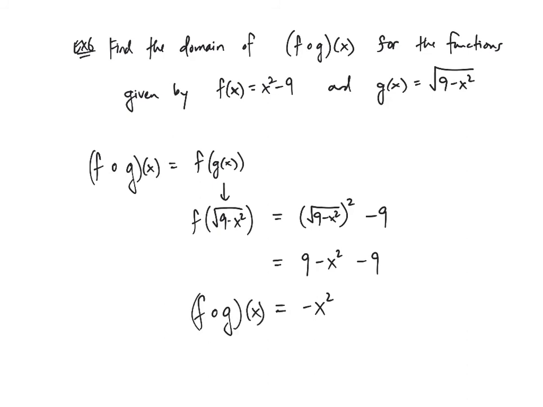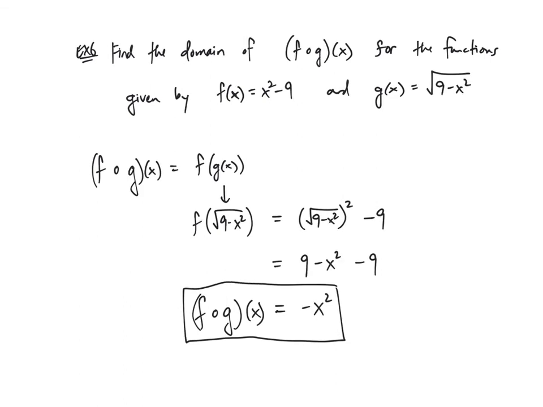But if you only look at the final output, negative x squared, you would think that the domain of this function is all real numbers, right? Because you could plug in any value of x here, and it is defined. But that is not the case, because you have to consider the journey that x took to get there.